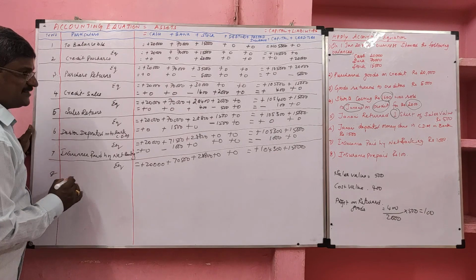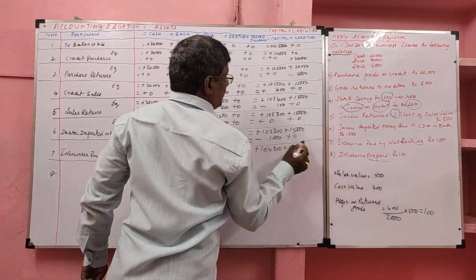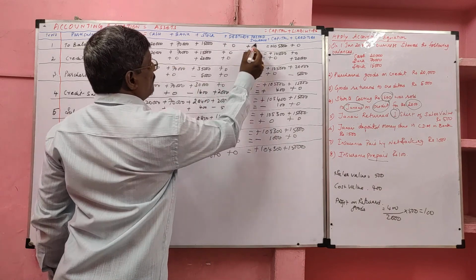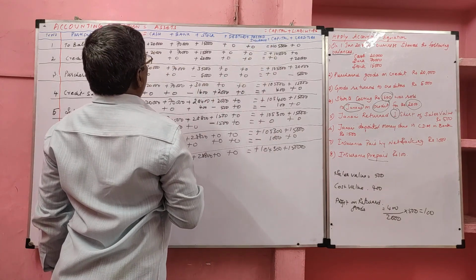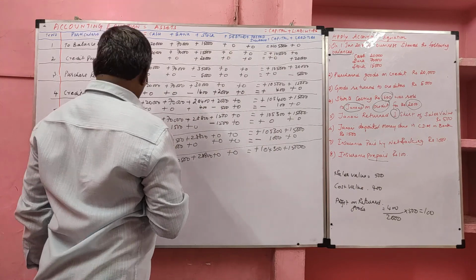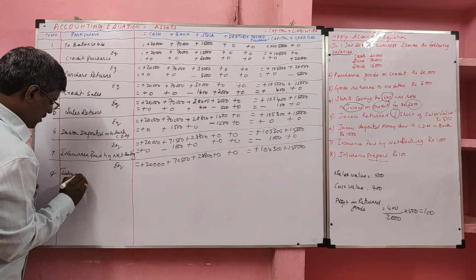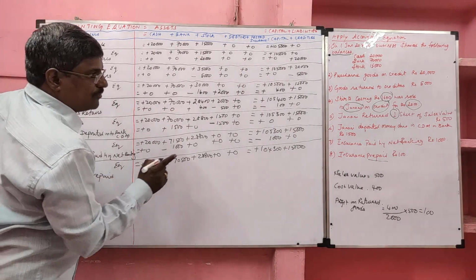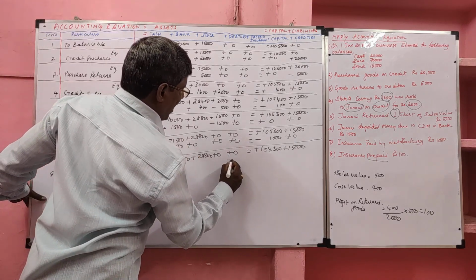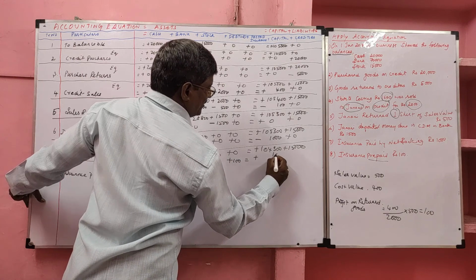Then the last transaction is insurance prepaid. Insurance prepaid, it is an asset. We have to give one more column for the insurance prepaid under the asset side. Insurance prepaid, how much? 100 rupees. What we have to do? Add with the insurance prepaid, and the same should be added with the capital also.